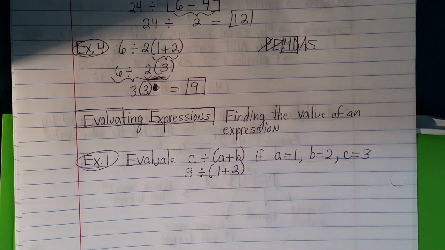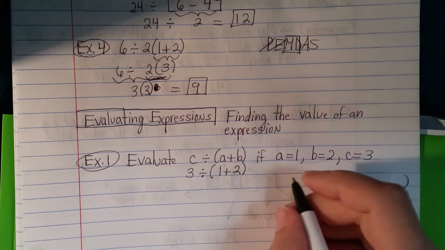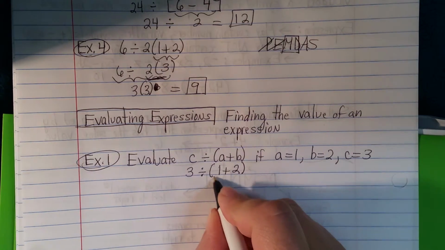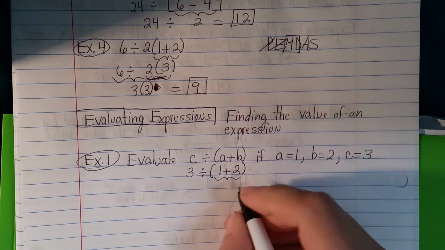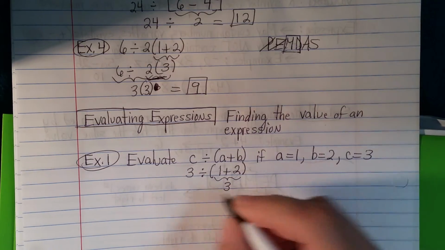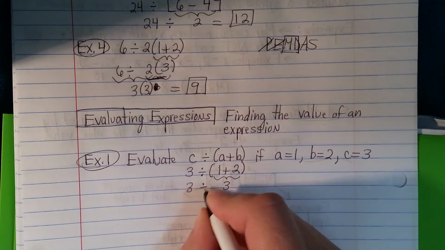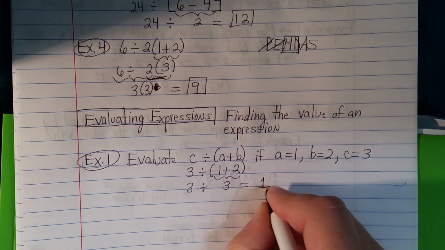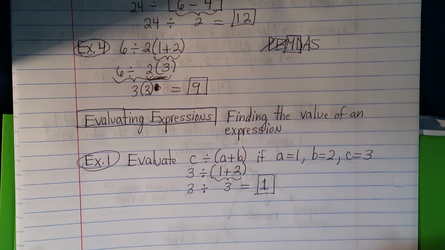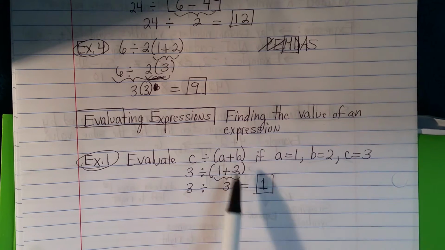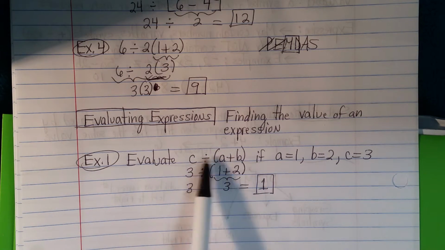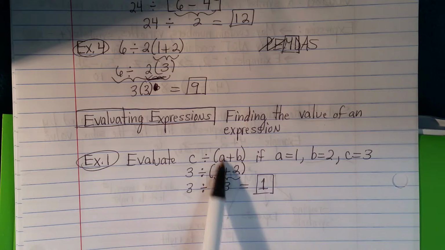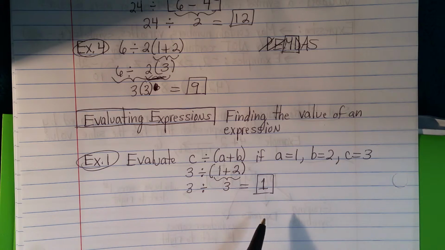And then we're back to simplifying expressions. If I use PEMDAS, I have to do the parenthesis first. 3, rewrite. And 3 divided by 3 equals 1. So I want you to show these steps like this. Show the intermediate steps as you work down and follow order of operations.